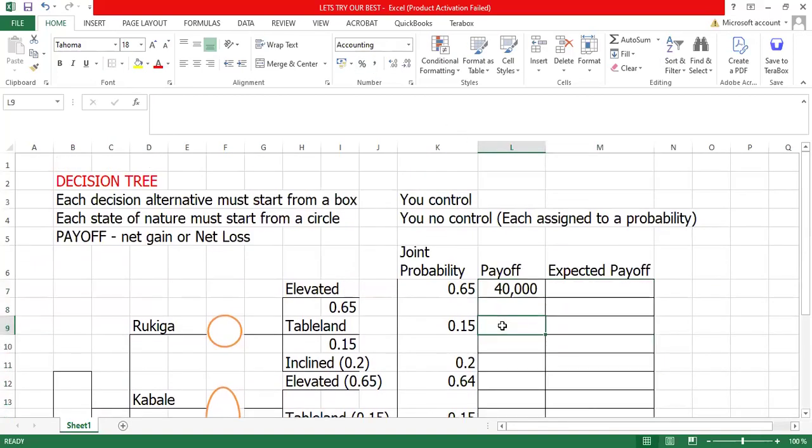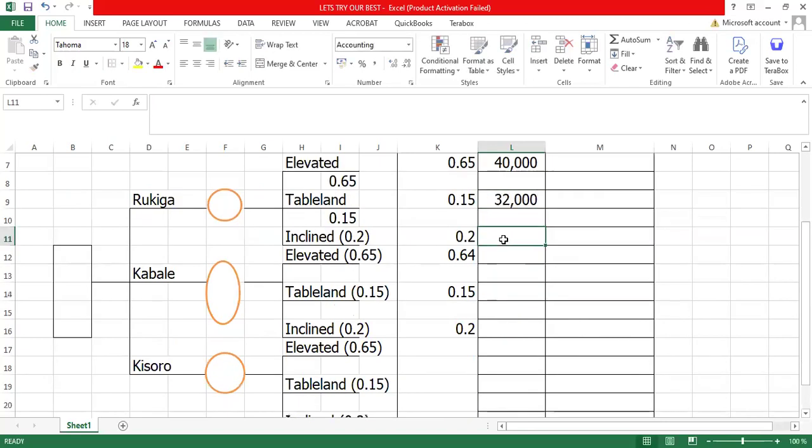Then the next one here, still Ruchiga, tabled. That is 32,000. Then still Ruchiga, inclined. That is 5,000.